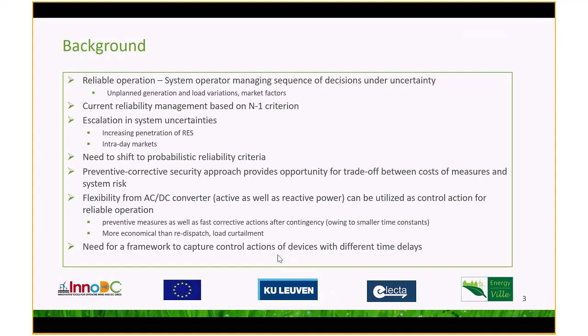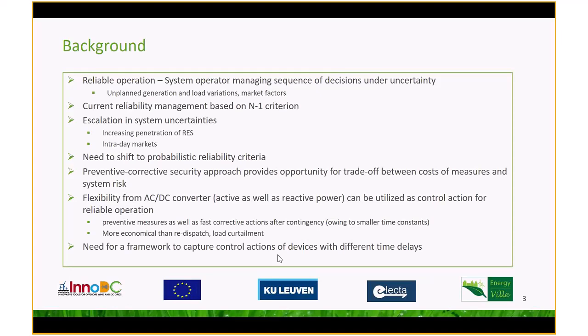This may be in the form of a preventive measure as well as a fast corrective action after the contingency owing to the smaller time constants of the converters. Such a control action is more economical than redispatch of the generator or load curtailment.